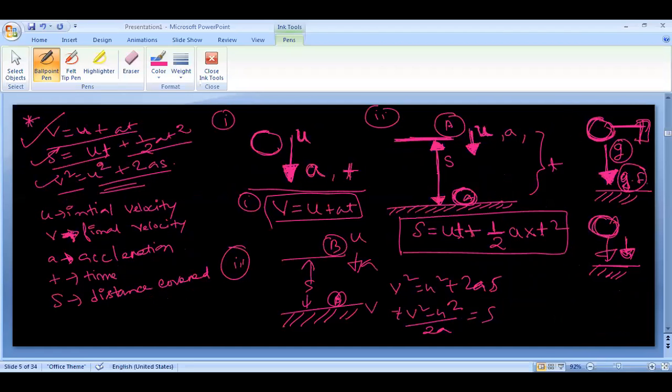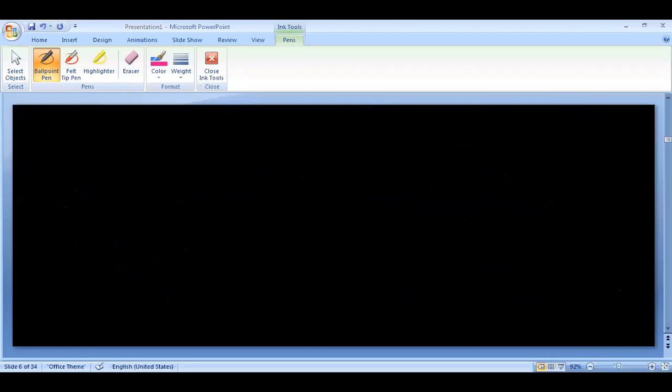Now see the second question. What is its average speed on striking the ground? First tell me, what do you mean by average? Suppose two numbers are given, 5 and 10.